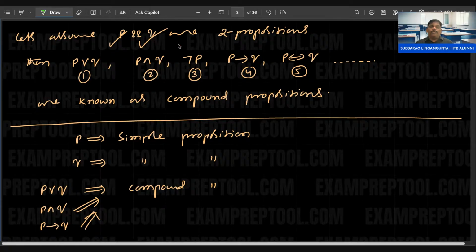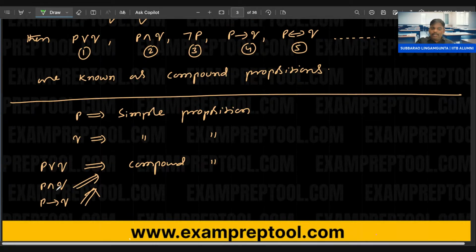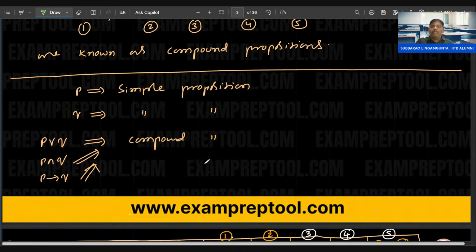Let us assume P and Q are two propositions. Then P OR Q, P AND Q, negation P, P implies Q, P double implies Q are known as compound propositions. P and Q are simple propositions. If you use any operator, or more than one simple proposition, it is a compound proposition.